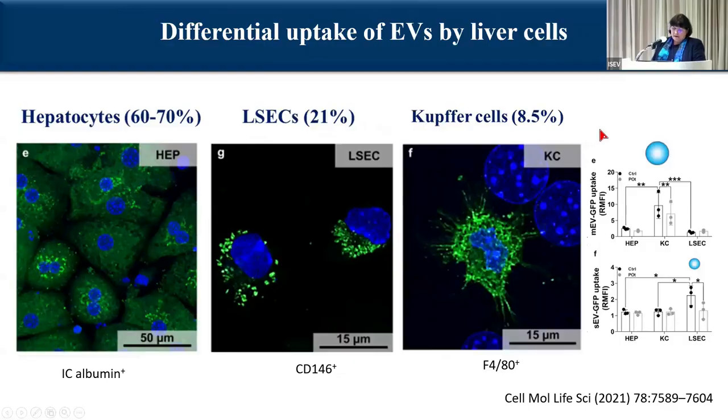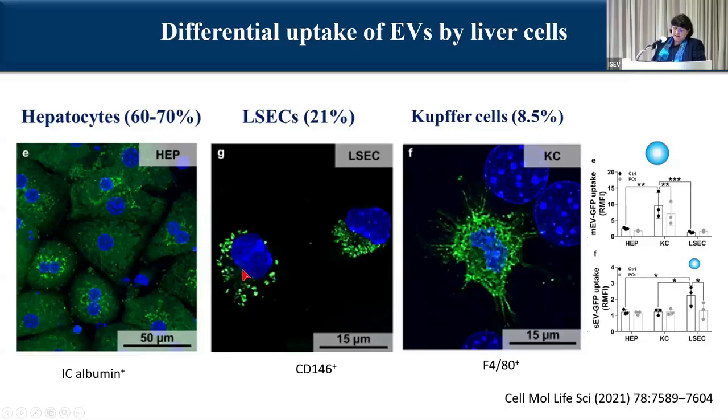experiments. Which are the cells in the liver that take up the vesicles? We found that even though hepatocytes constitute something like 60 to 70% of the liver total mass and cell number, we find a relatively smaller or lower contribution of EV uptake by the hepatocytes.